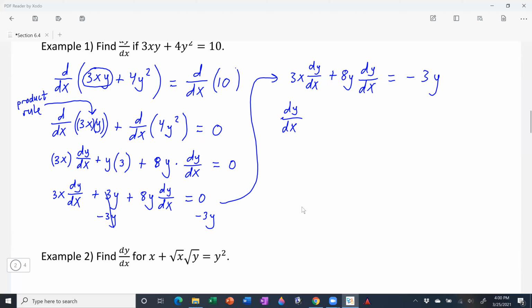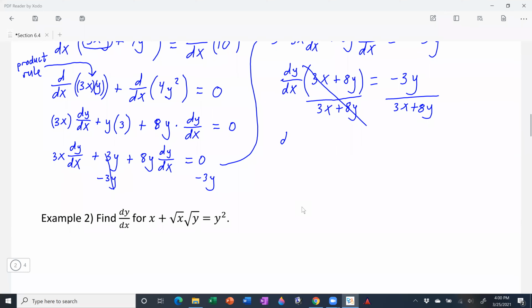So dy/dx can now be factored out, leaving 3x plus 8y. That's really nice because now we've got dy/dx showing up in just one location, multiplied with this stuff. So we can divide both sides of the equation by this stuff, cancel that, and we've isolated dy/dx.